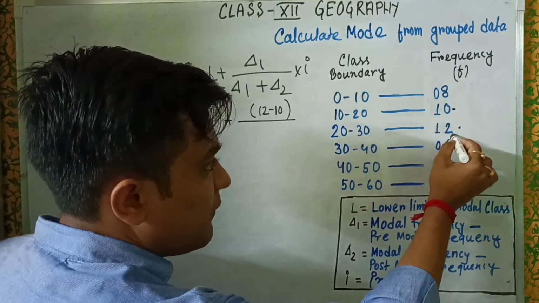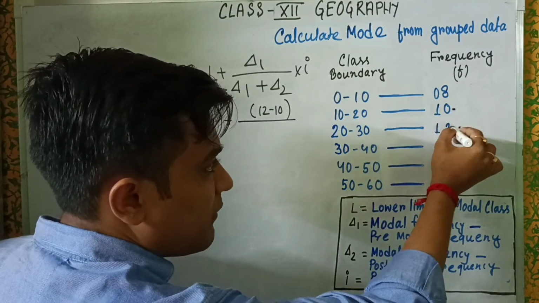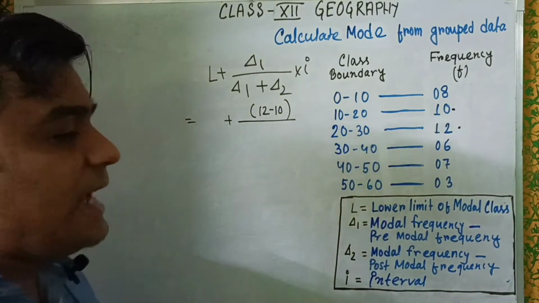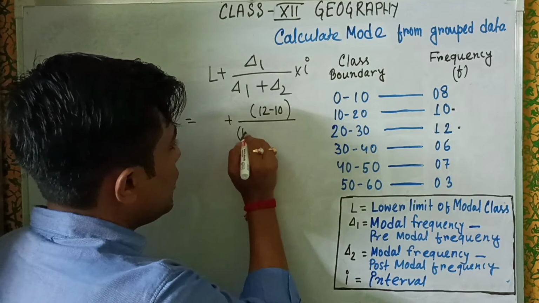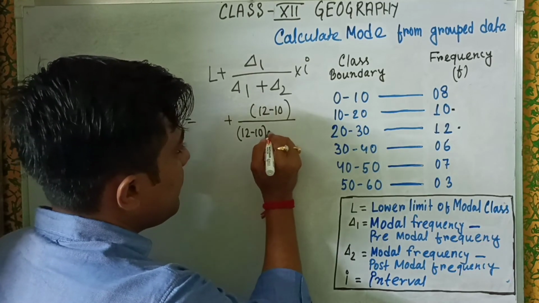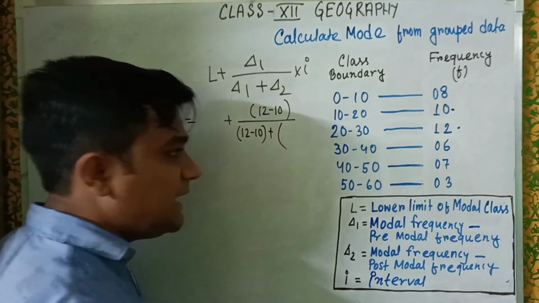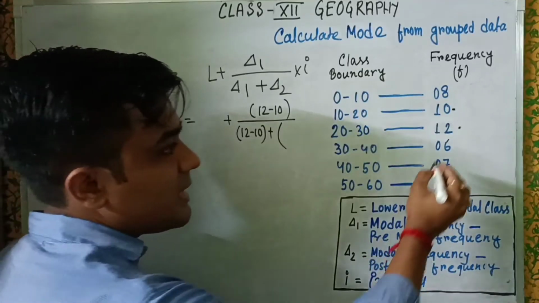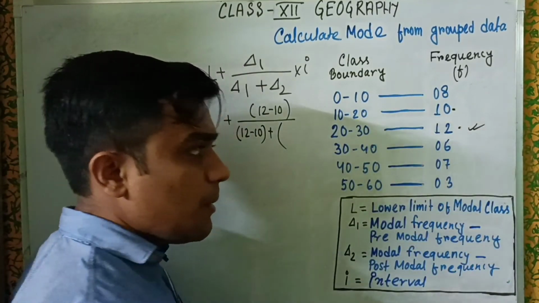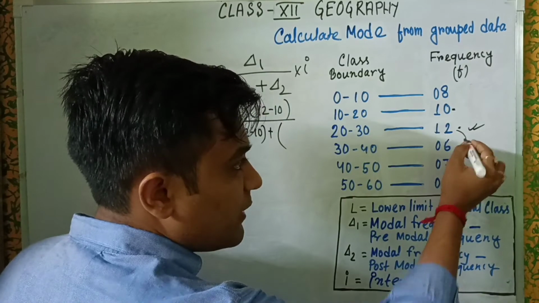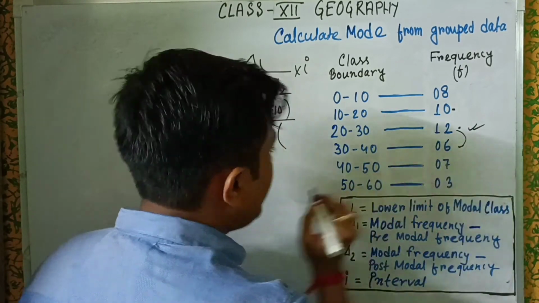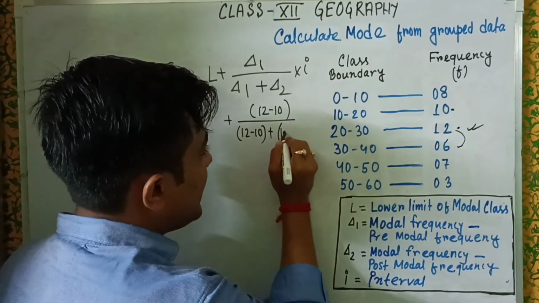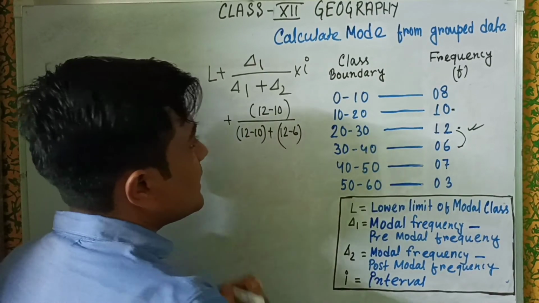Then in delta 1 plus delta 2, delta 2 means modal frequency minus post-modal frequency. 6 is our post-modal frequency, so you write 12 minus 6 here.